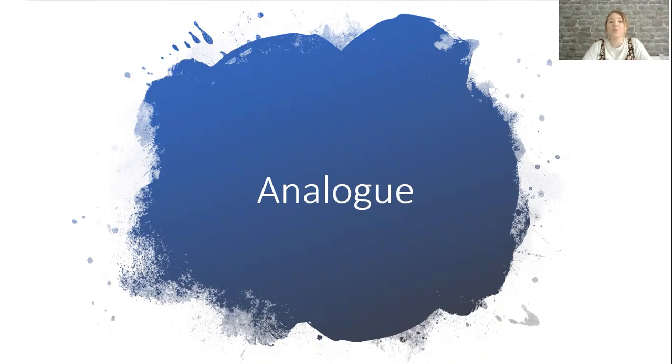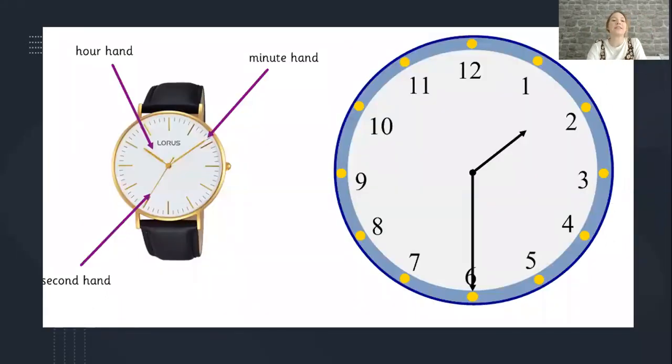So we are going to start with analog. Analog time is, you've got the minute hand, the hour hand, and the second hand here. This is what an analog clock looks like, and it is very similar to most of the clocks you'll see in your house or in the classroom.